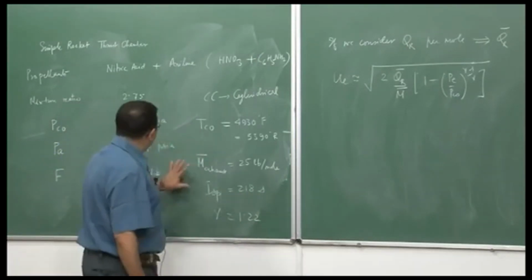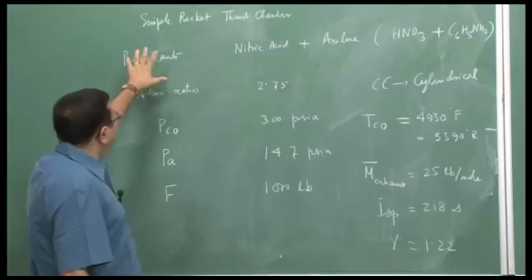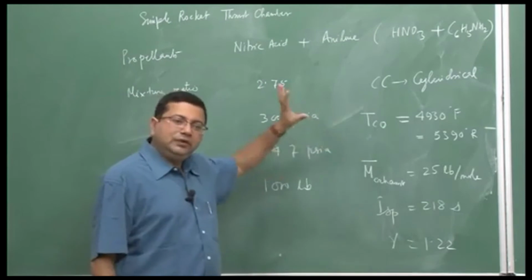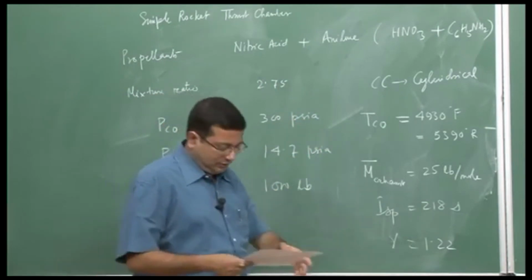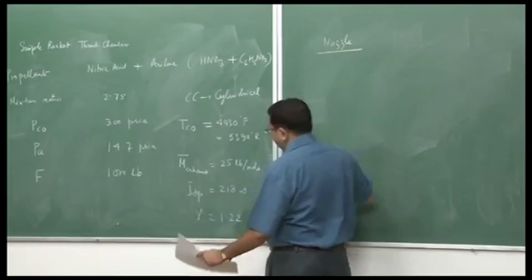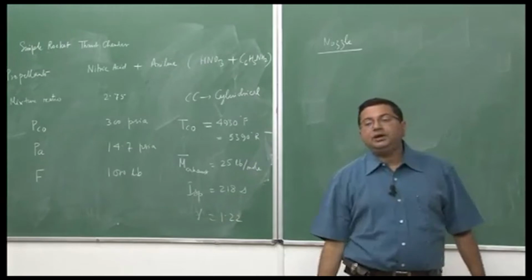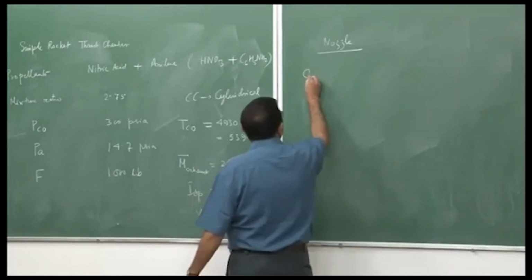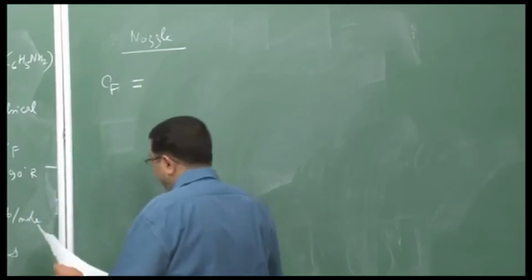So, for these conditions we have to design a thrust chamber, that is the combustion chamber and the nozzle. We will first start with the nozzle. So, first let us look at the nozzle configuration. For the nozzle, what is the important parameter? It is the thrust coefficient. So, first for this case, let us estimate the thrust coefficient.